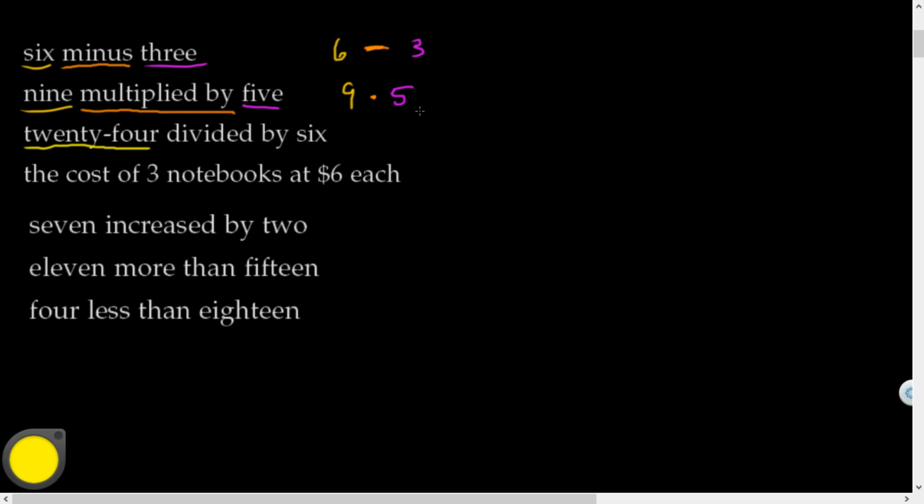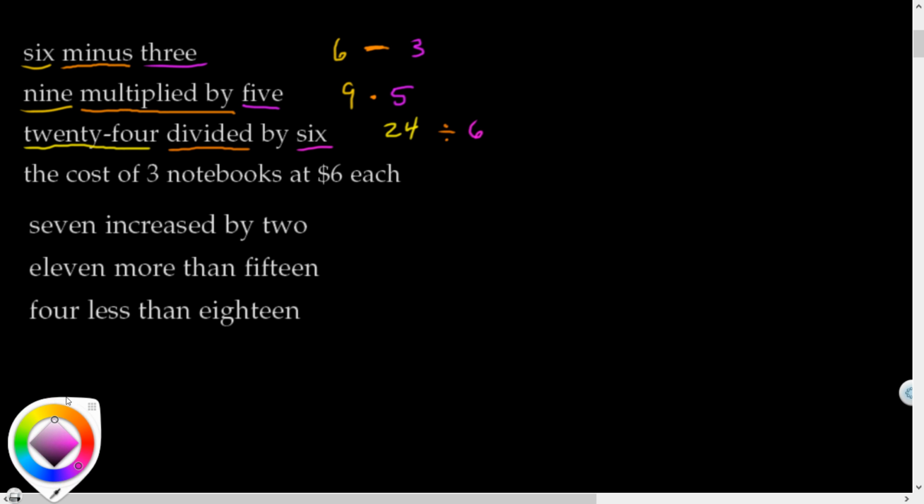24, so double digits right here, divided by, so you could use this symbol here. We're actually going to end up shying away from the use of that symbol over time. Divided by 6. So that's one way you could write it. An alternative way would have been to write 24 over 6.